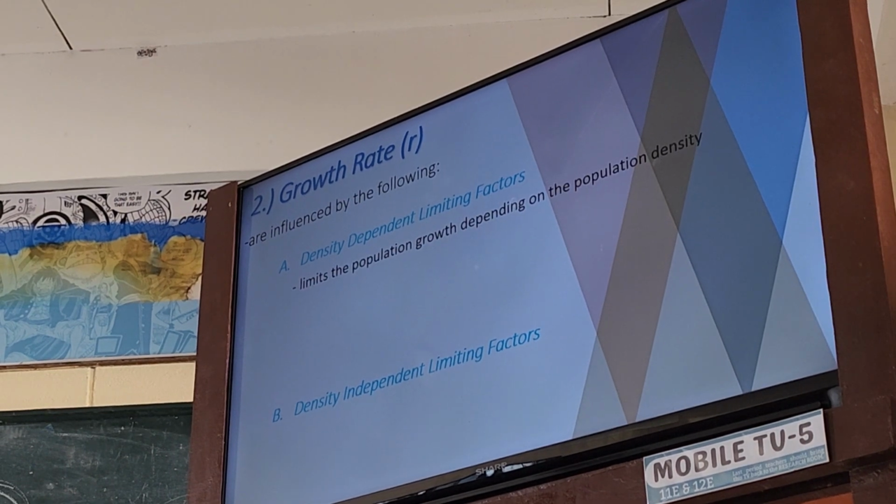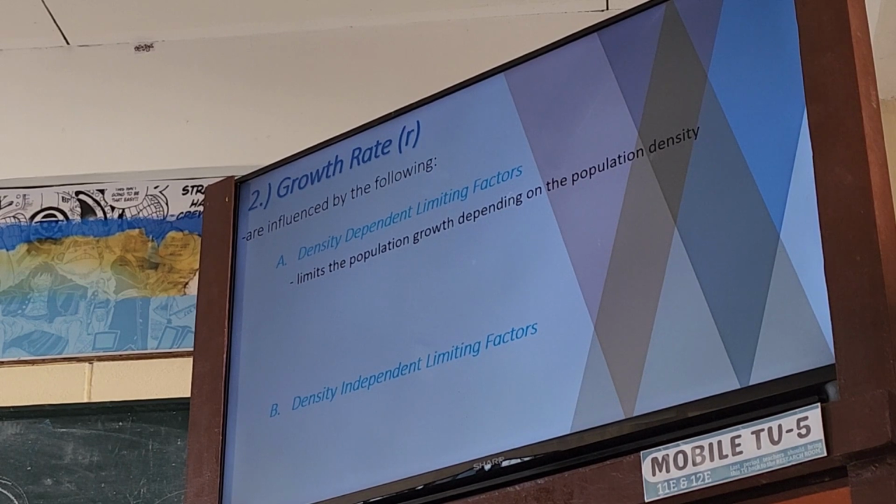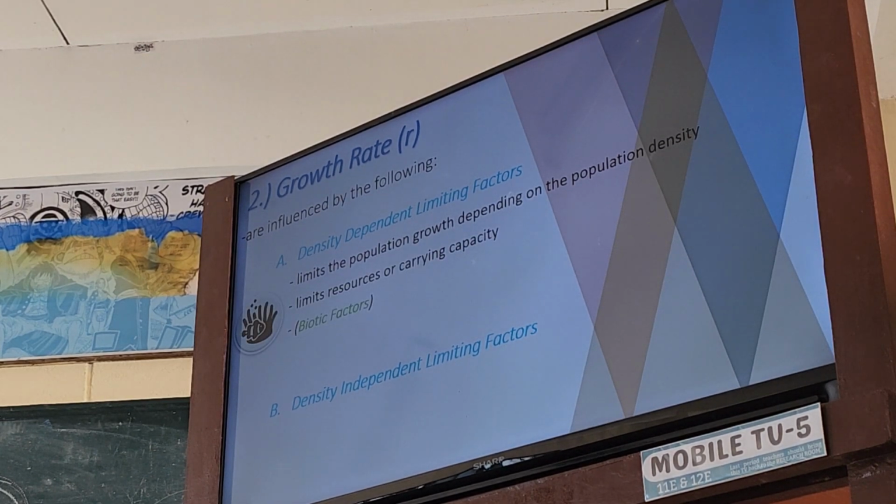These factors, circumstances, or situations limit the population growth depending on whether the population is big. Oftentimes, that's the case. If the population is big, that is the only time wherein this particular factor has its limiting effect. For example, we're talking about biotic factors here in general.